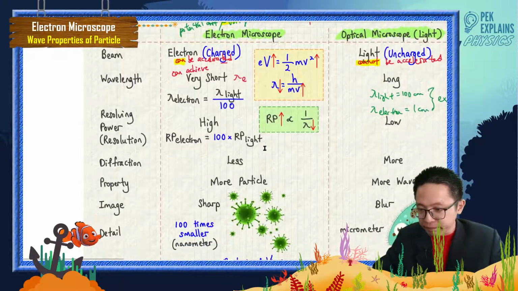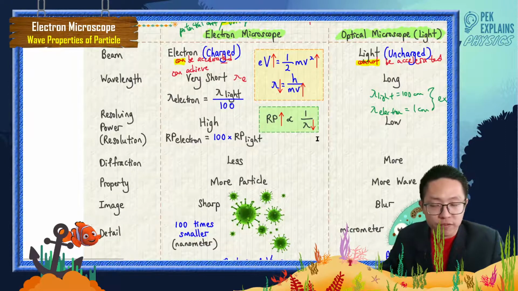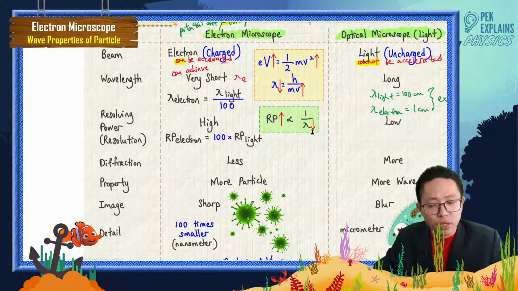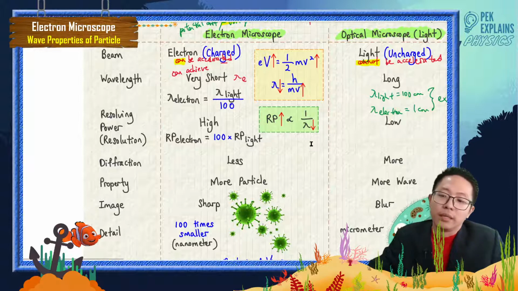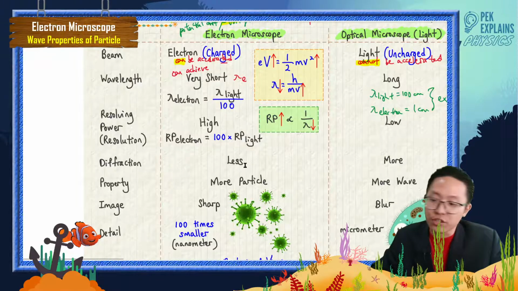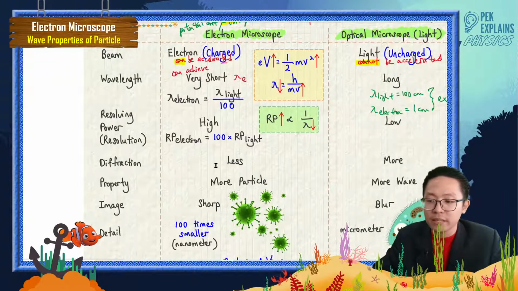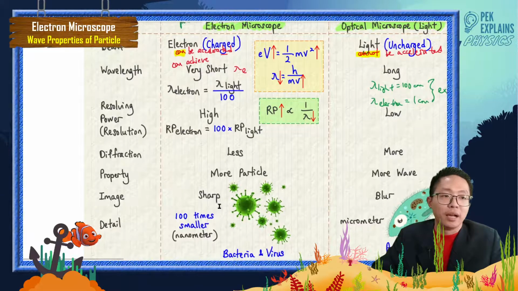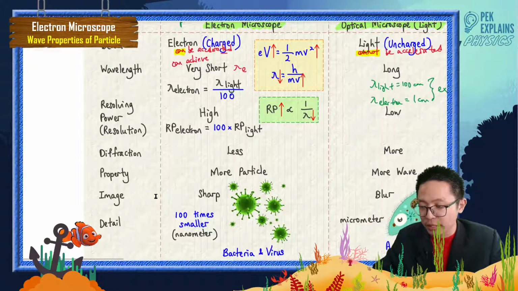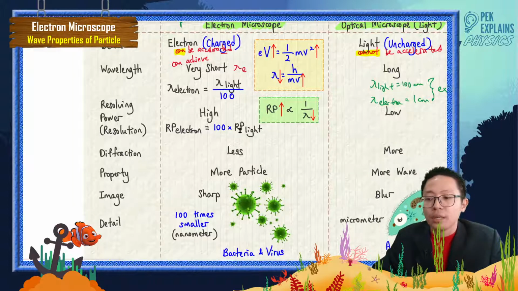The smaller the wavelength, the higher the resolving power. The resolving power is inversely proportional to the wavelength. A smaller wavelength means less diffraction, and less diffraction means a sharper image.